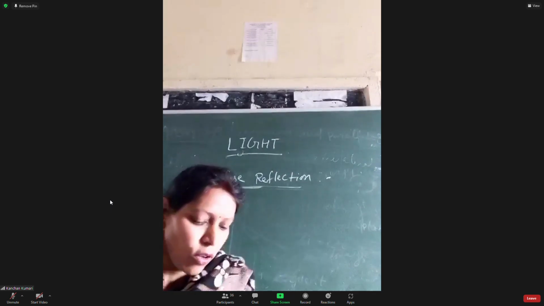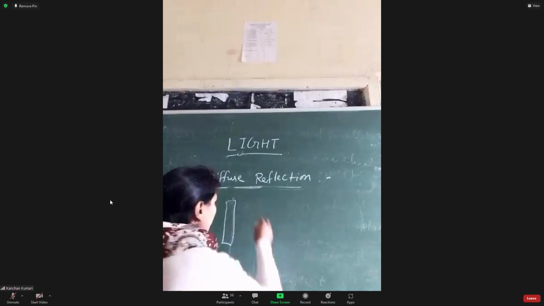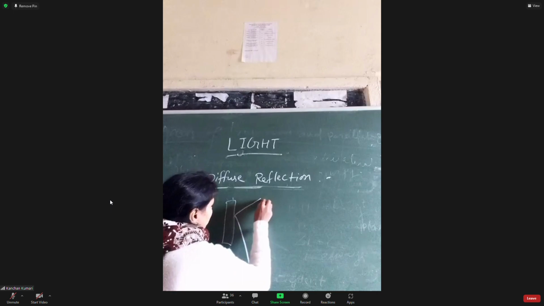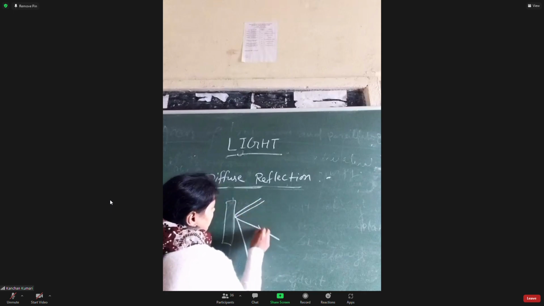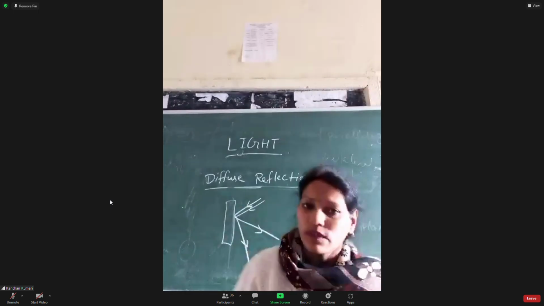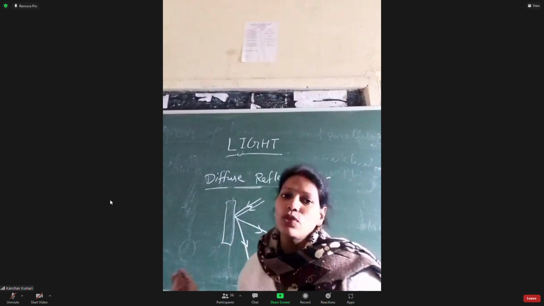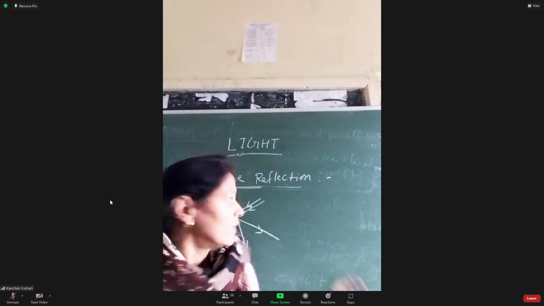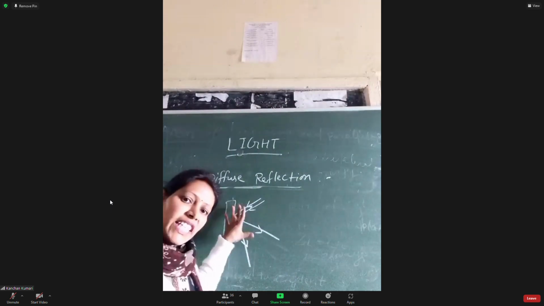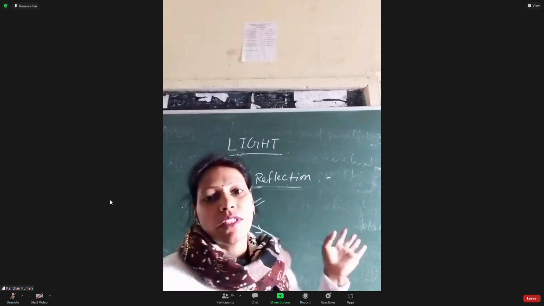The incident rays will strike, but they will be reflected in different directions. When it gets reflected in different directions, it is called diffuse reflection. It mainly happens in the case of a rough surface.